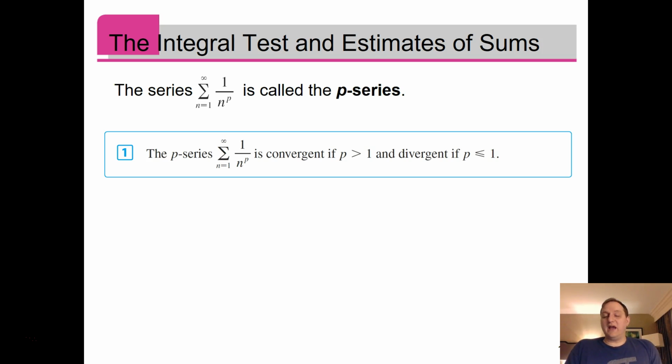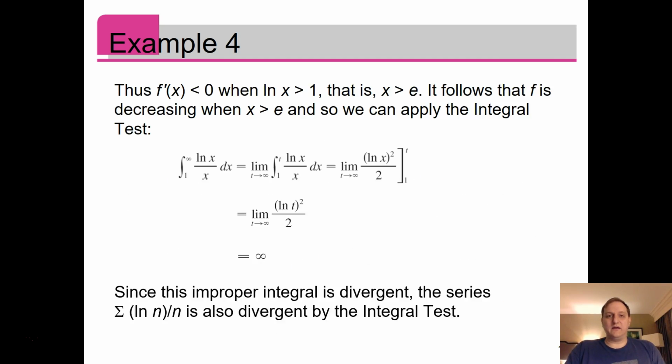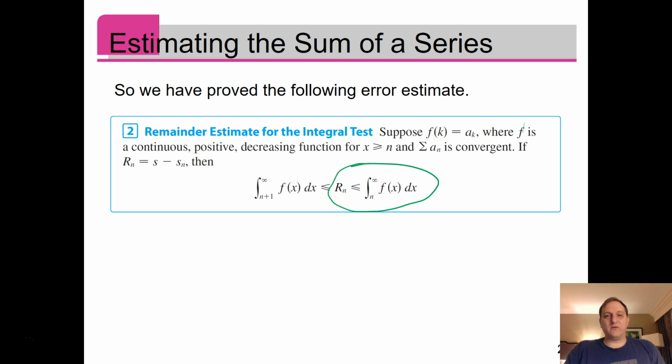And then finally, we took a look at the error bound using improper integrals to help us bound the remainder term, which will help us find how good our estimate is. And the key equation there was this one right here, and particularly the second part of that inequality is the important one.